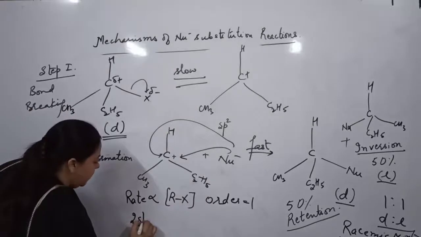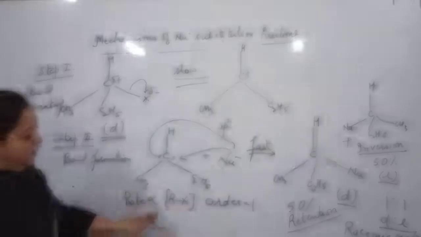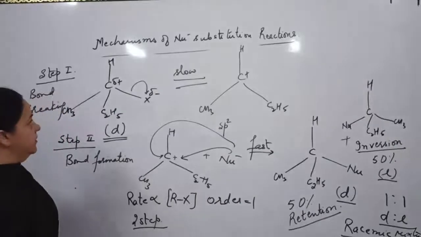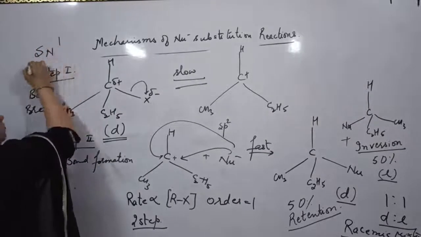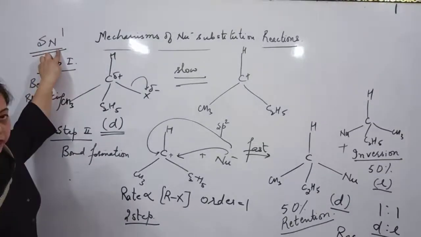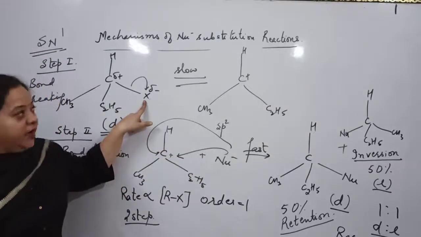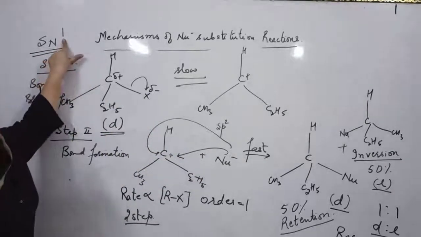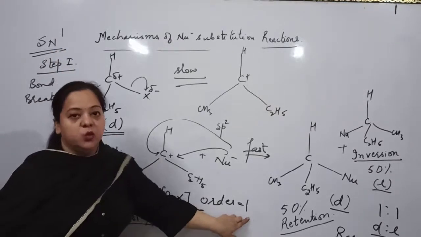This is a two-step process in which order is 1, and this type of reaction mechanism is SN1 mechanism. S for substitution, N for nucleophilic, in which one nucleophile replaces another nucleophile, and 1 here means unimolecular. Unimolecular means order of the reaction is 1.